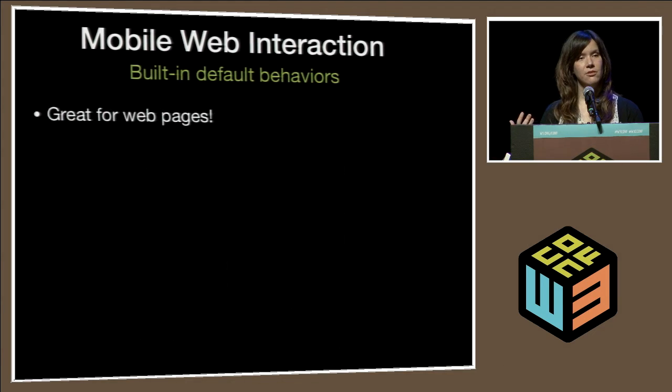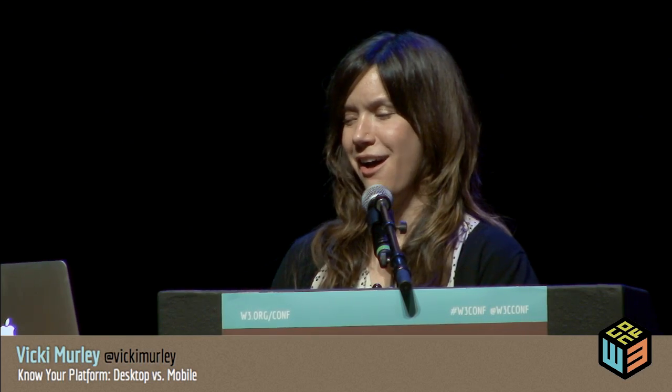They're really great for web pages, but they might not be appropriate if you are creating a web app, something that you want to look and feel like an app, or if you even just have a control in your web page that looks like kind of an app-like control. So imagine you slave over this really beautiful looking delete button. It's got this great gradient, subtle shadow.